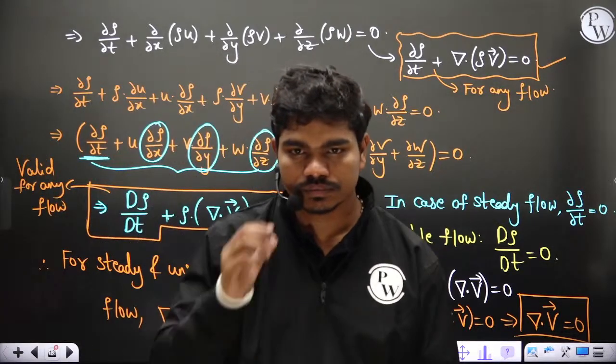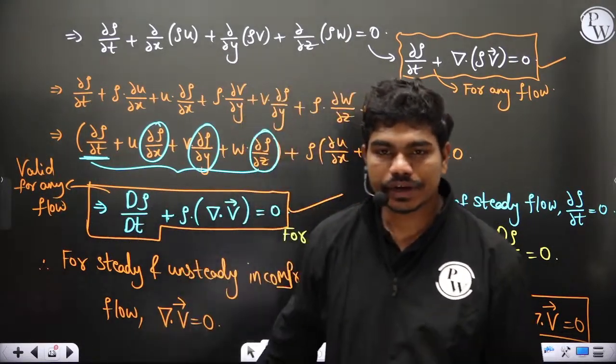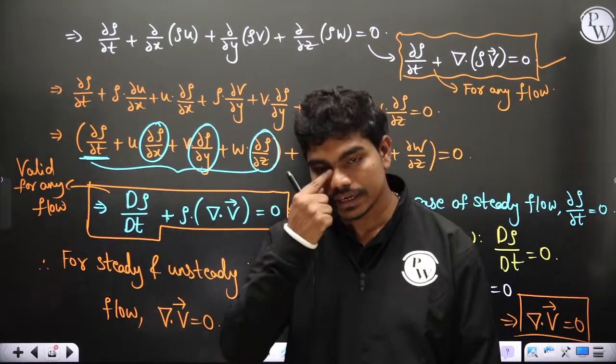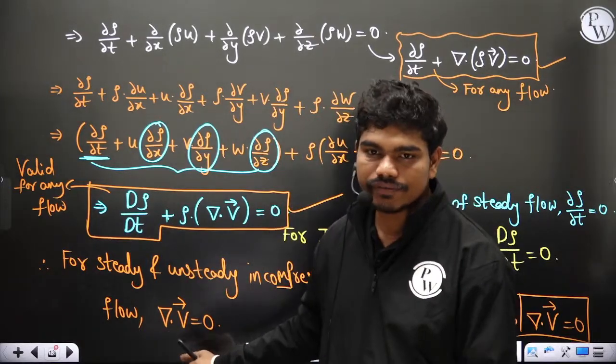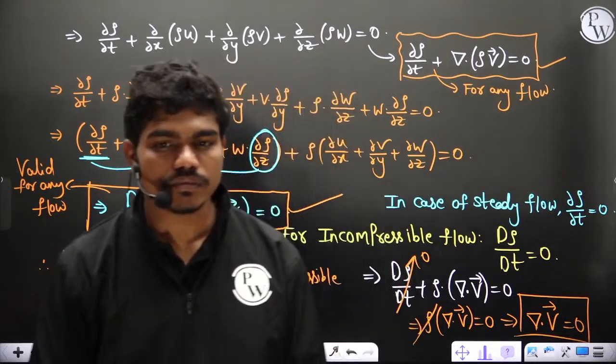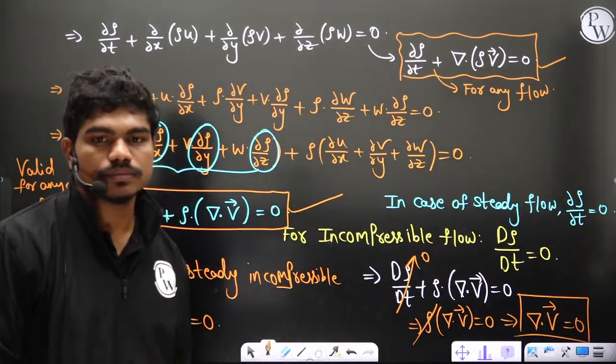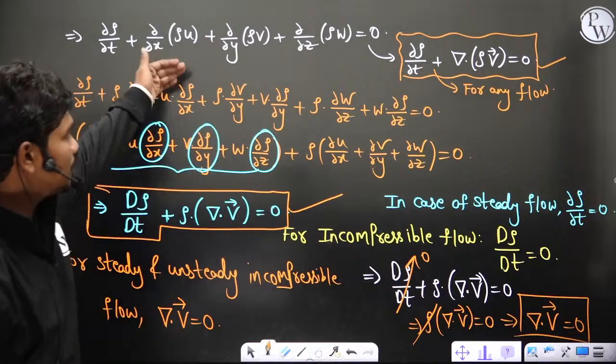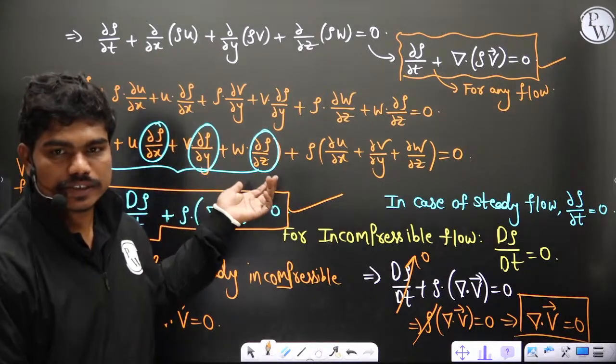Okay, did you get this? Did you understand? This equation is valid for both steady and unsteady incompressible flows. The only thing is, just a bit of maths you have to do to understand this.